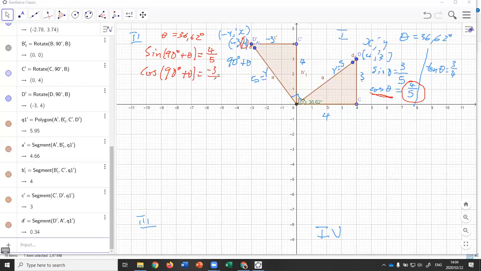What is r? 5. So -3/5. But here we said this is cos theta. What is 3/5? 3/5 on this side is sine theta. So actually this is just negative sine theta. Oh, brilliant, isn't it? That is excellent, guys.